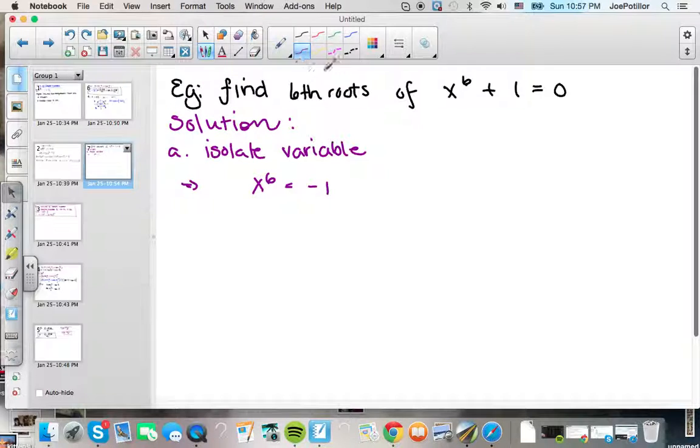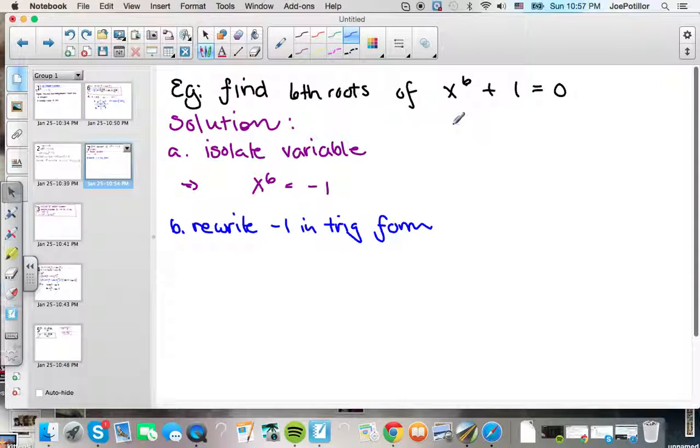So then I need to rewrite -1 in terms of a trigonometric form. Rewrite -1 in its trig form, and since it's -1, it's going to be on an angle on the quadrant.